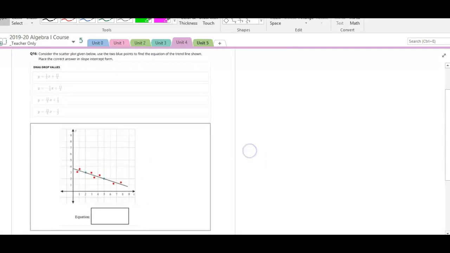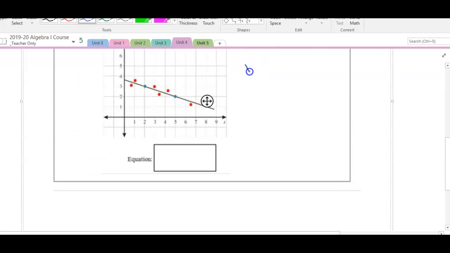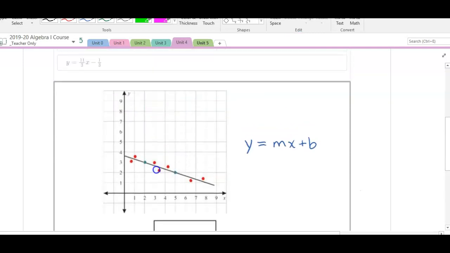Okay, now let's figure out the best equation for this line of best fit. We're using the 2 points that are blue that are on the line. So when we write an equation of a line, if you recall, y equals mx plus b, this goes back to unit 2, we need the y-intercept, which appears to be around 3.6.